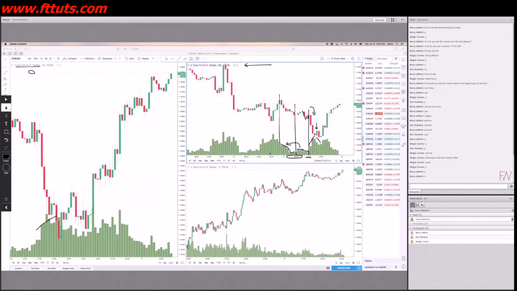Is it easy to read the volume here on the 60 for this one? Where do you think that is on the 15? Any of you guys have drawing tools? On the 15, where do you think that spot is?